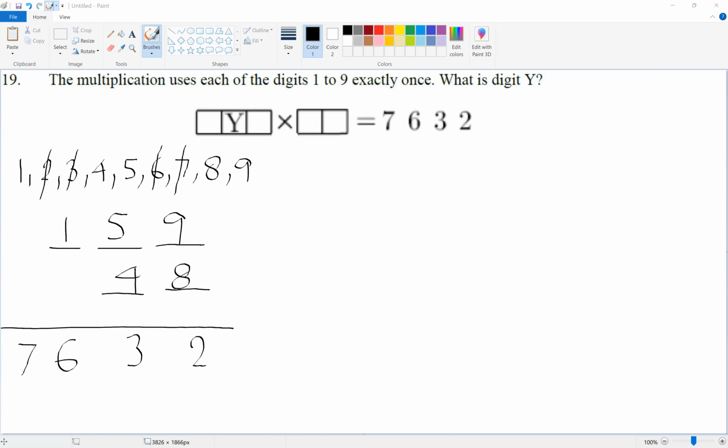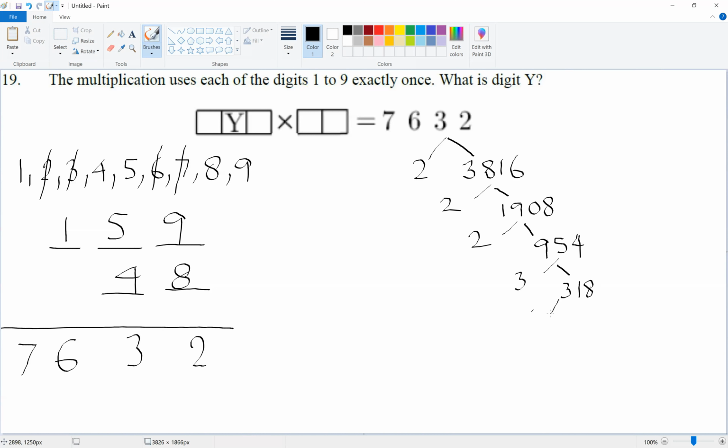So 159 times 48. I was thinking if I can break this number. So this would be 38, 16, 2, 19, 08, 2, 18, 954, then 3, 18, then 3, 106, and then 2 is 53.